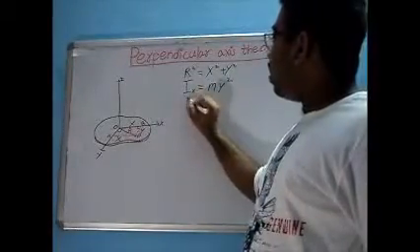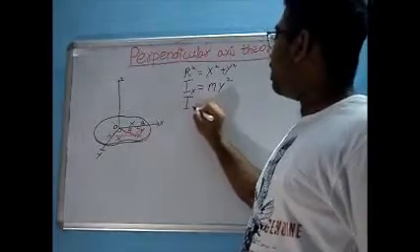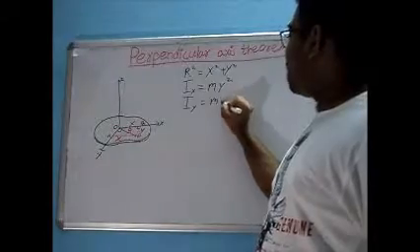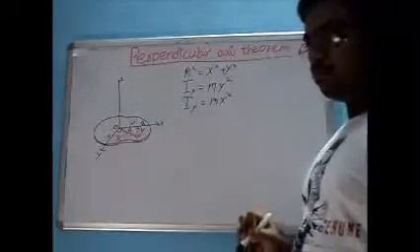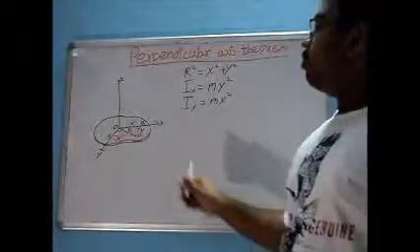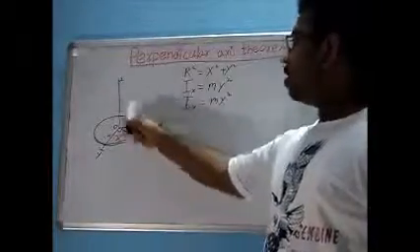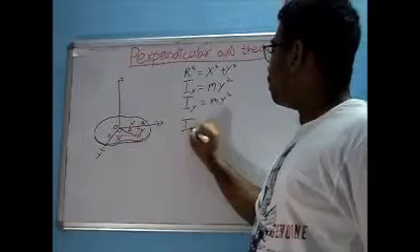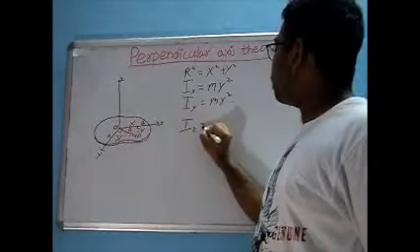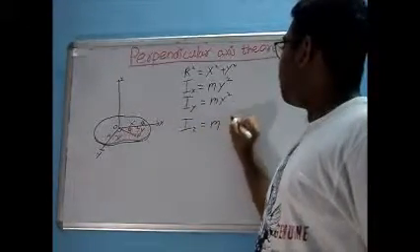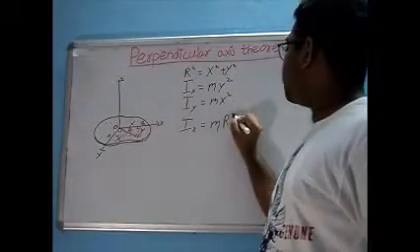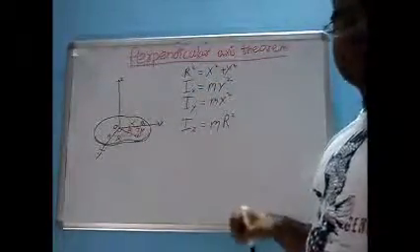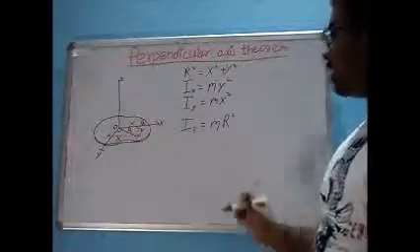Similarly, along the y axis the moment of inertia equals m x square. Also the moment of inertia along the z axis would be m r square.